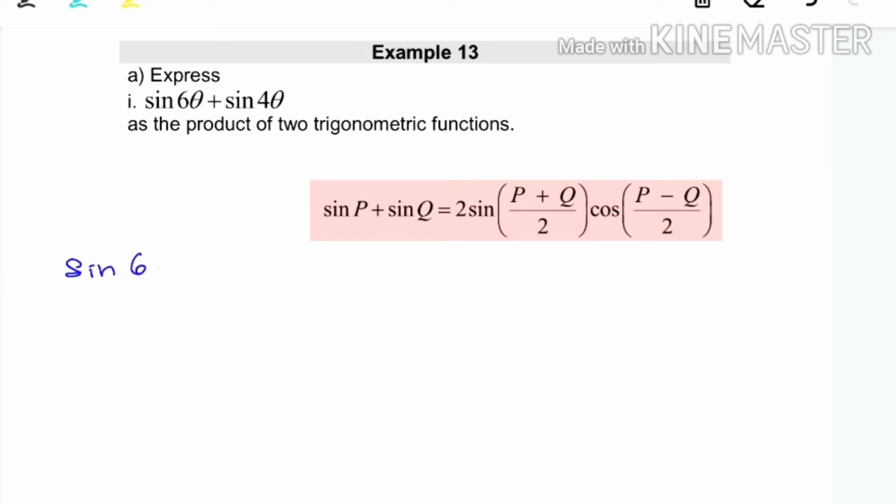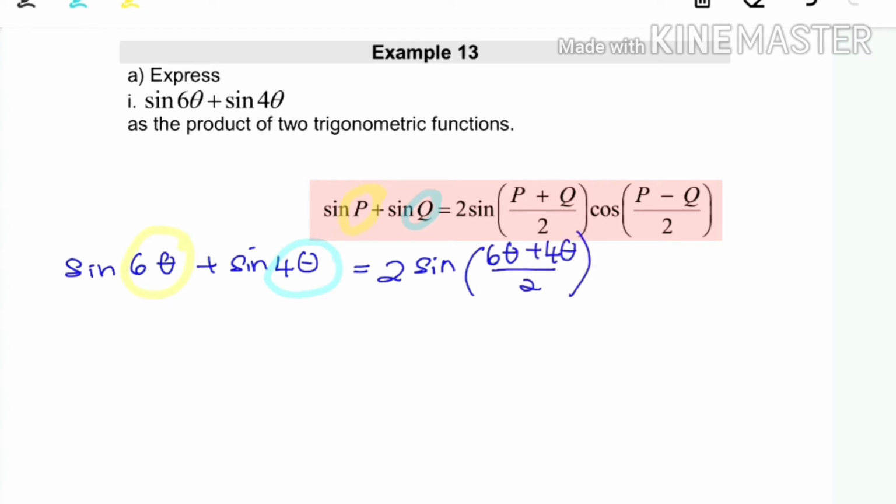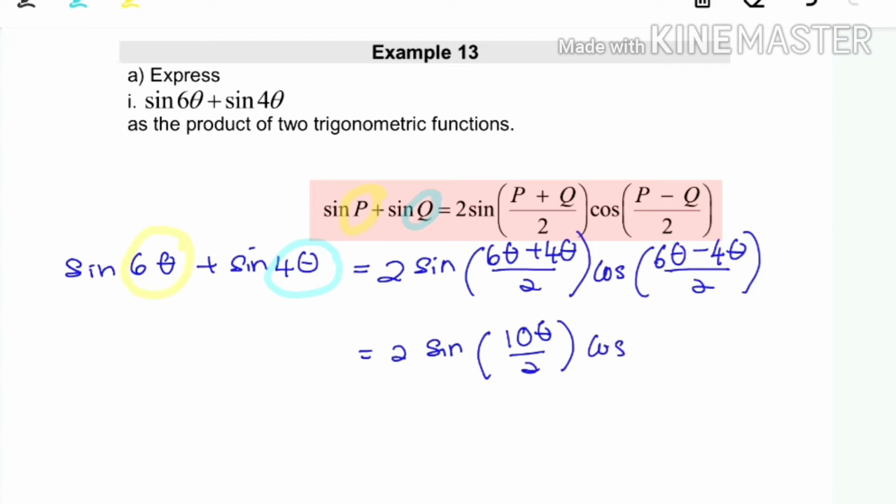Given sin 6 theta plus sin 4 theta, we can relate that 6 theta equals P and 4 theta equals Q. Substitute into the factor formula: equals 2 sin (6 theta plus 4 theta)/2 times cos (6 theta minus 4 theta)/2, equals 2 sin 10 theta over 2 cos 2 theta over 2. Finally, 2 sin 5 theta times cos theta.